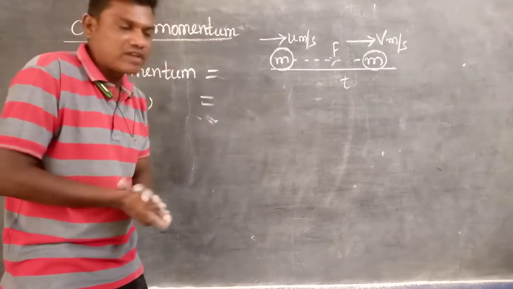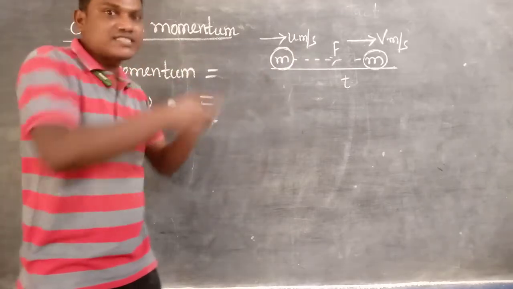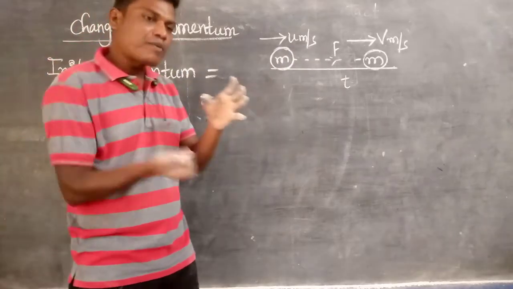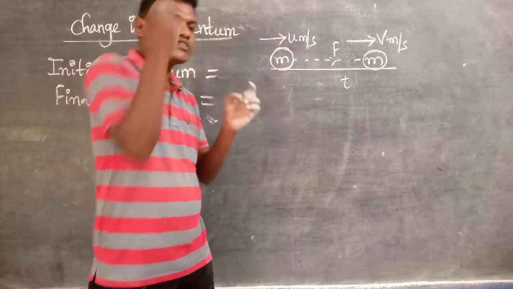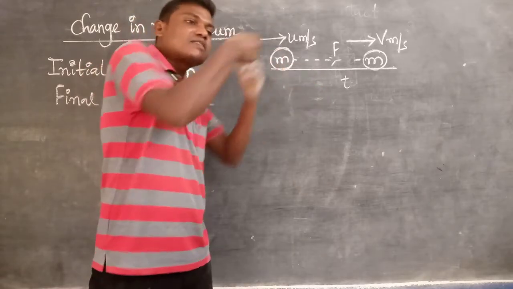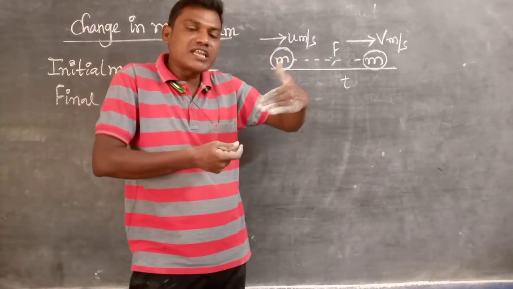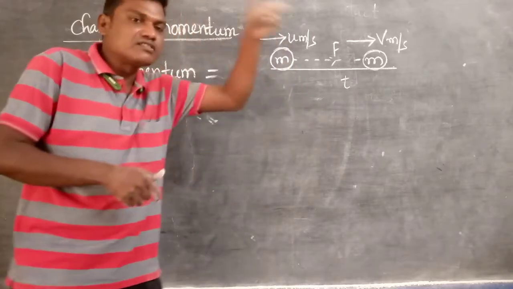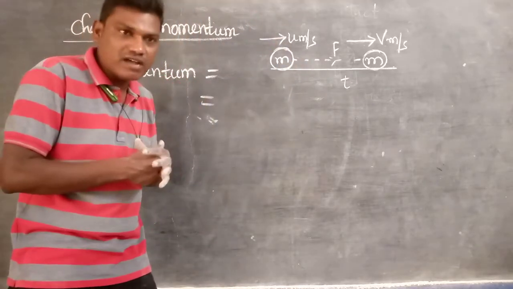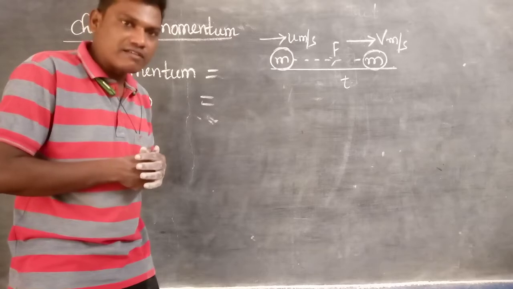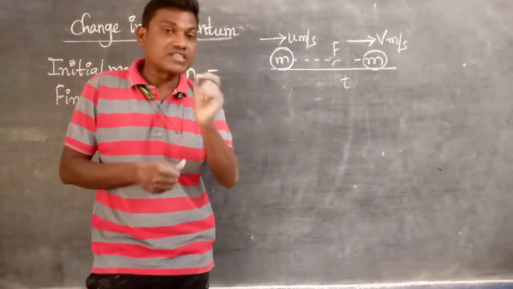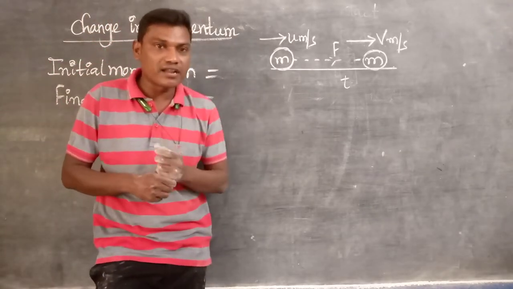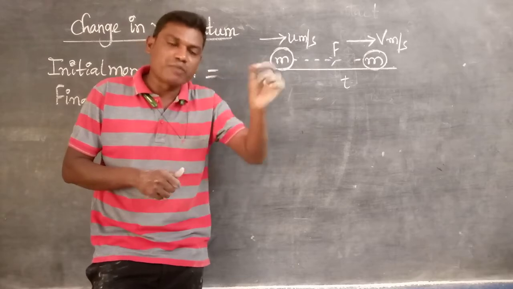Simply for understanding, when the velocity changes, if any external force is acting on the body in the same direction or in the opposite direction of the motion of the body, then its velocity changes. In 8th standard, in the chapter of force, we discussed very clearly one point: what are the changes produced by a force.